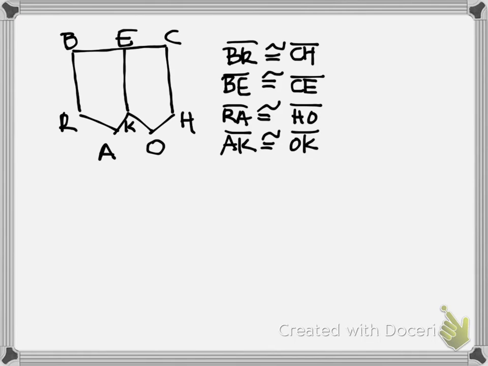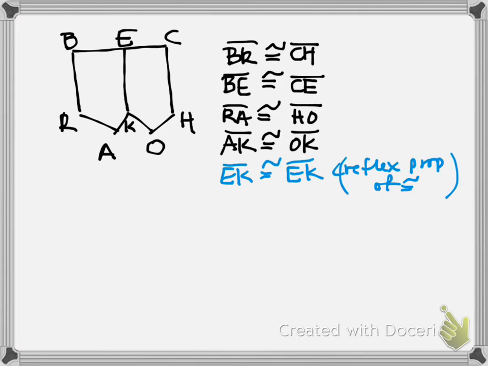Can I not share that line? Voila. Sometimes, and remember I told you this guy is going to come up a lot, this is the reflexive property of congruence. This is how we're going to be able to prove things, because sometimes our two shapes have something in common. So they both get to claim that side.